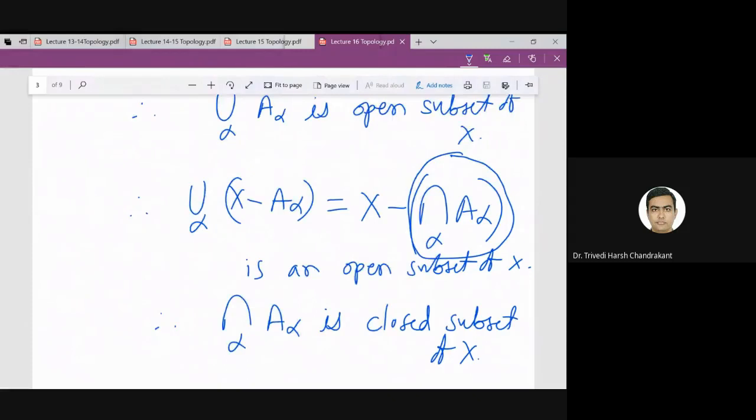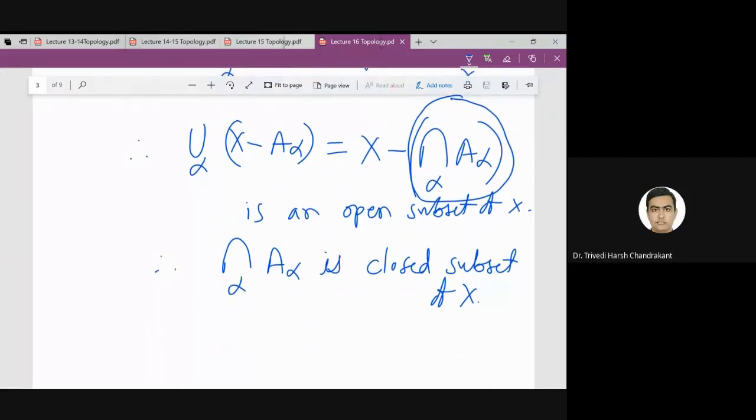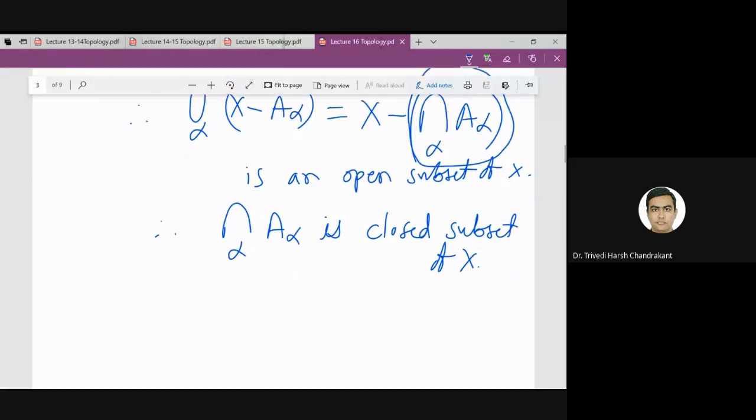So is this proof clear? Yes, sir. We are just simply using set theory. And the third part is also similar.